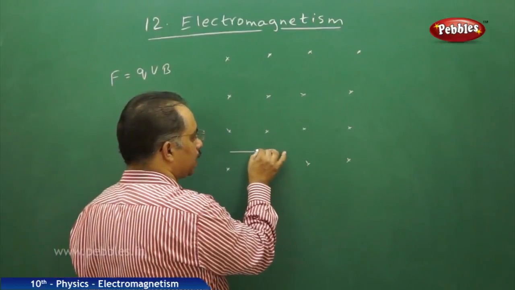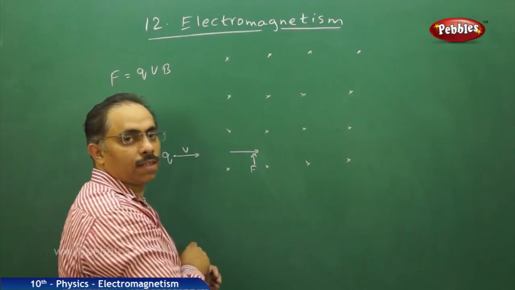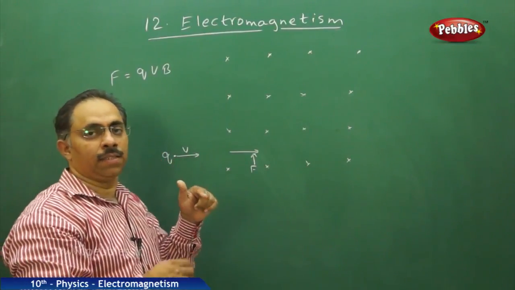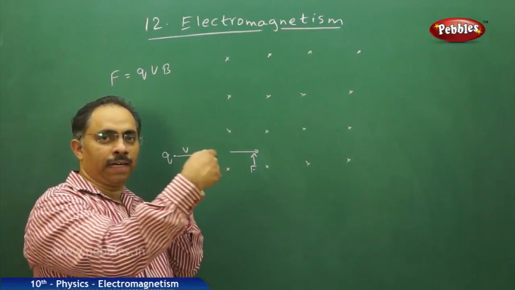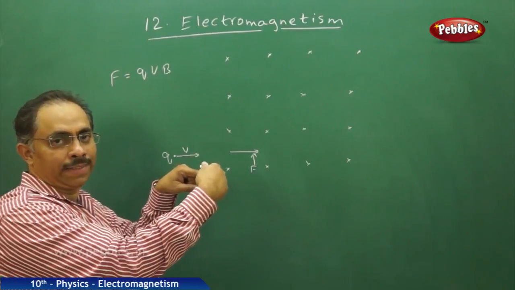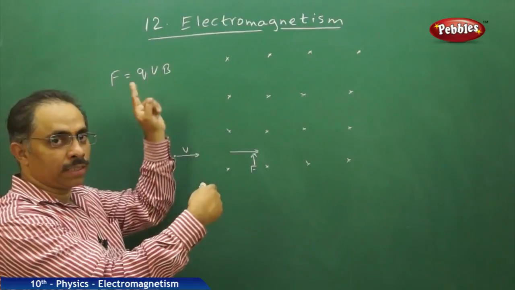So as soon as it is entering, a force acts in this direction of this magnitude. The velocity and the magnetic field are perpendicular like this, so sin theta is equal to sin 90, that is 1. So there is no sin term written over there, that is the reason.